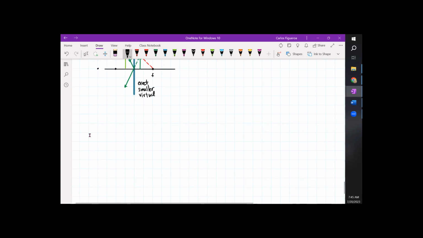So I'm going to draw a comprehensive ray diagram that contains all possible image formations.